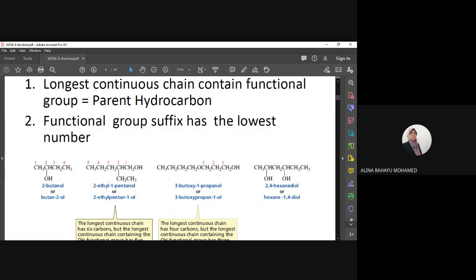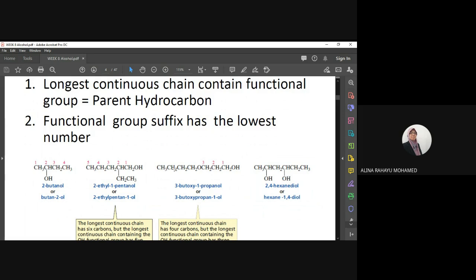How do we get 2,4-hexanediol? We consider 1, 2, 3, 4, 5, 6. So this is 6 carbons. 6 is hexane, and at carbon number 2 and 4 there are 2 OH groups. So this is called 2,4-hexanediol.